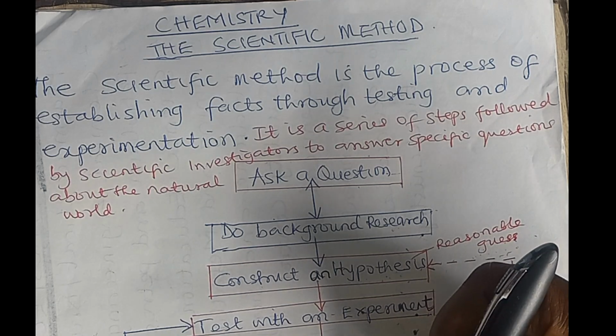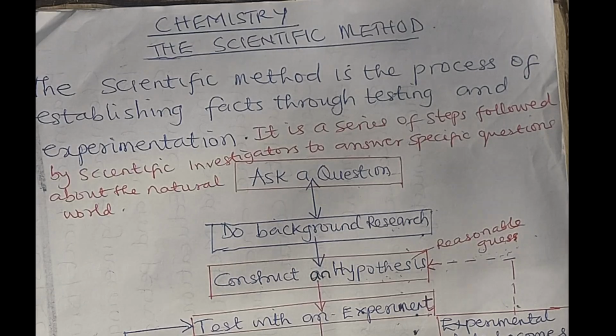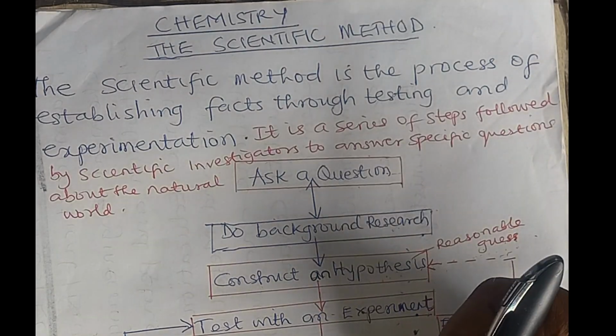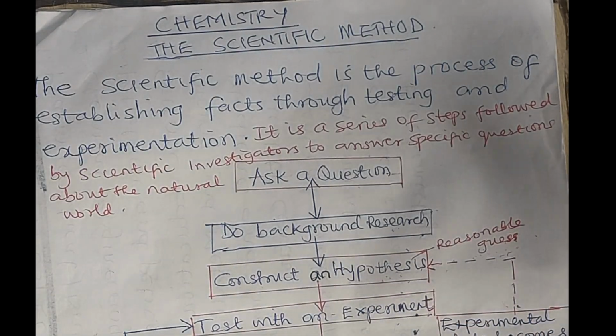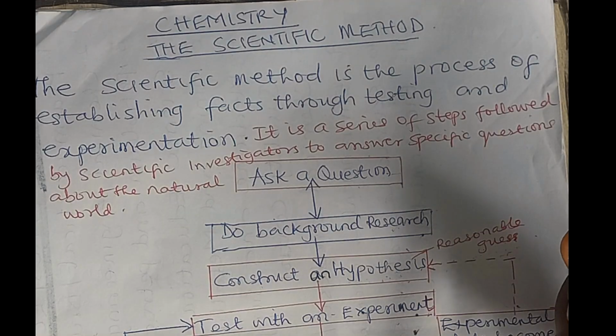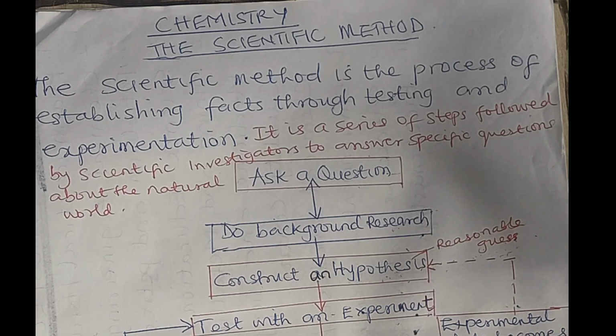Now, what you have just made here is a theory that, okay, water helps plants to grow. So this theory can still be built upon by other scientists or by you to get a law or principle. So it is after theories have been subjected to a series of tests that we get laws or principles.